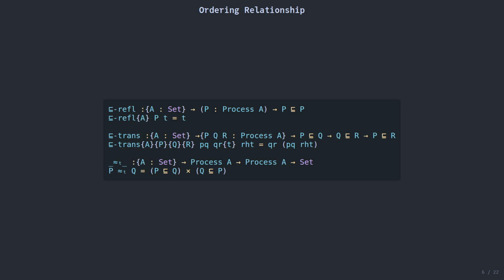If process P is below Q and Q is below R, then every trace of P is also a trace of R. So P is below R. Finally, if P is below Q and Q is below P, then the two processes have exactly the same traces. We call them trace equal.